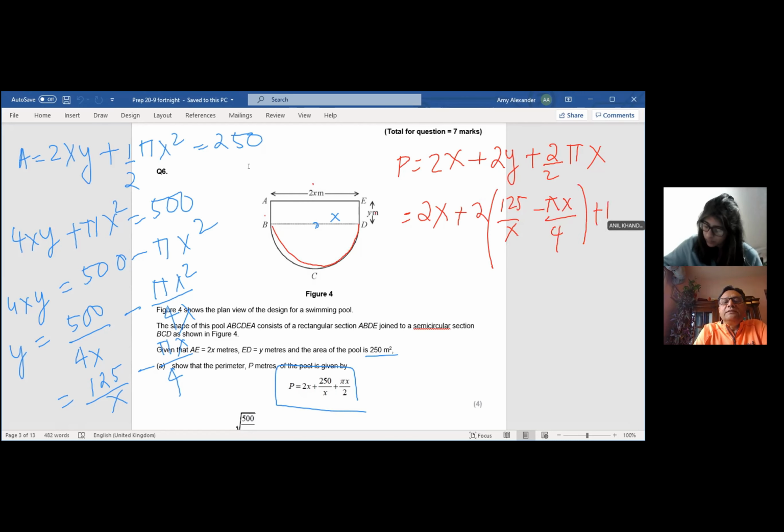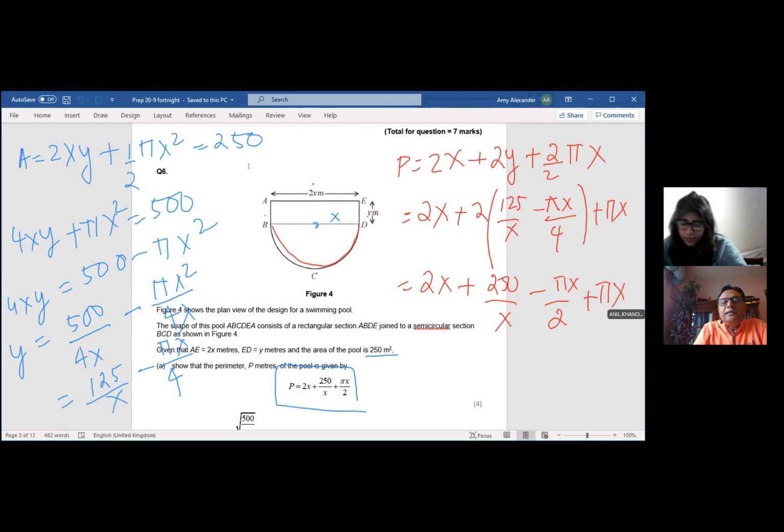You need to simplify this. 2x plus, you have similar expressions, right? Let's multiply 2 by 125 over x to get 250 over x. And when you multiply, you get minus pi x over 2 plus pi x.